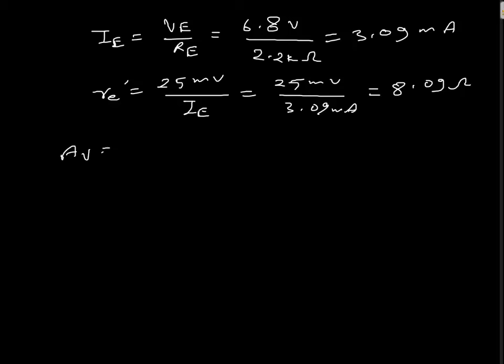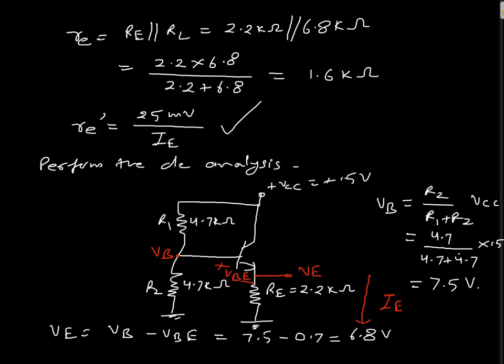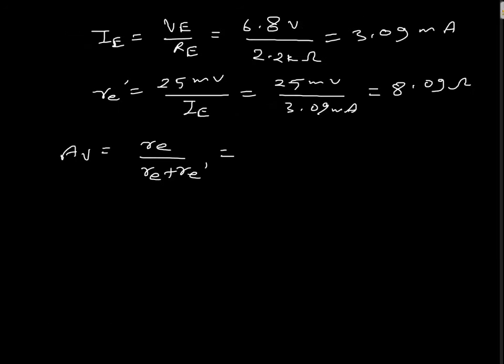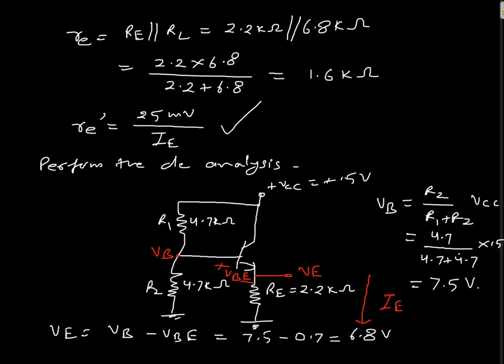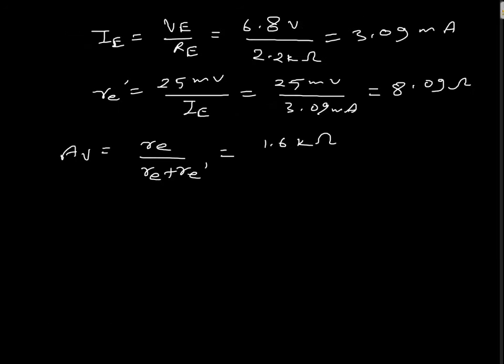So AV equals RE by RE plus RE prime. RE we have calculated as 1.6 kilo ohm, divided by 1.6 kilo ohm plus RE prime as 8.09 ohm.